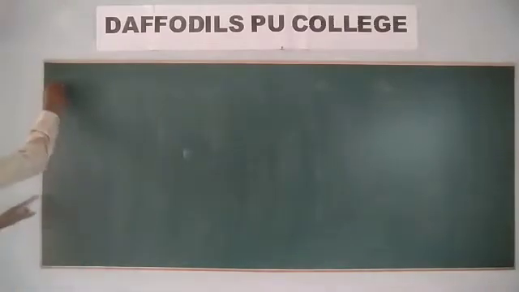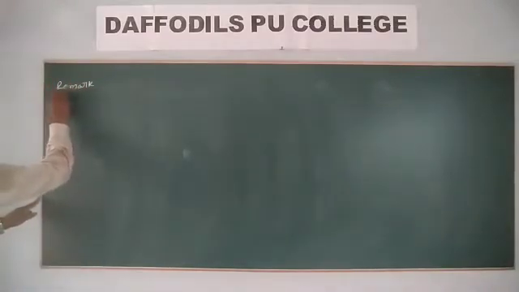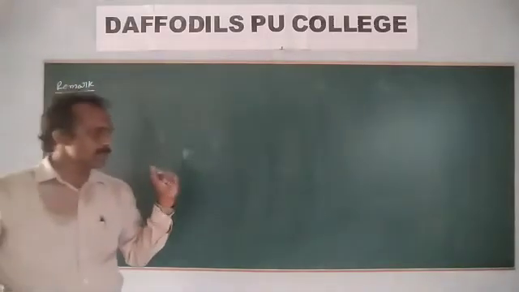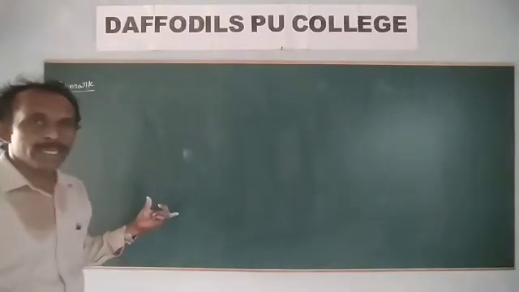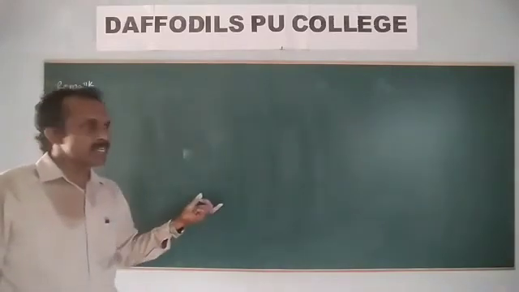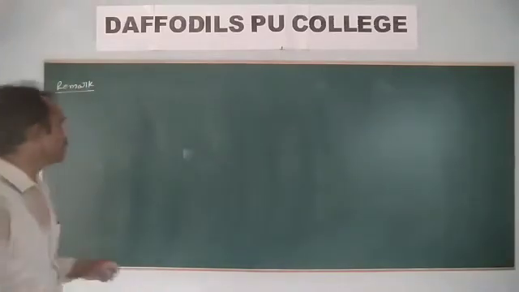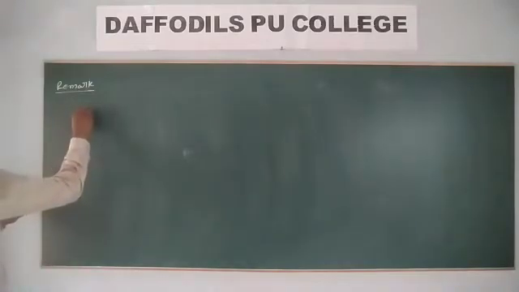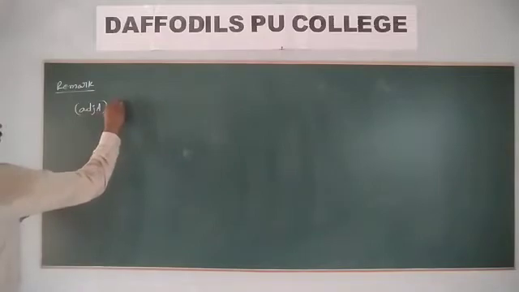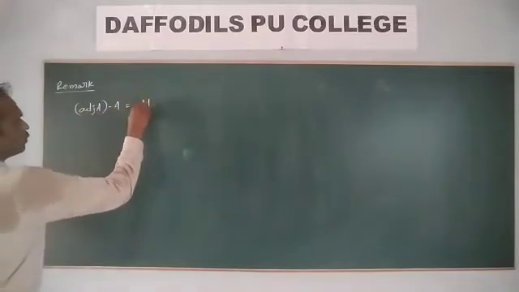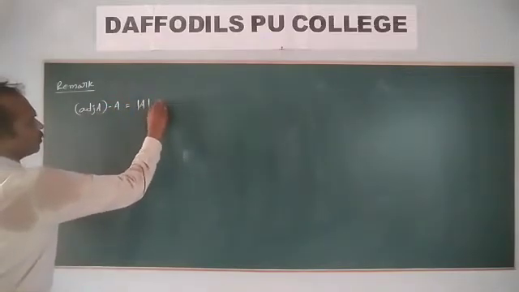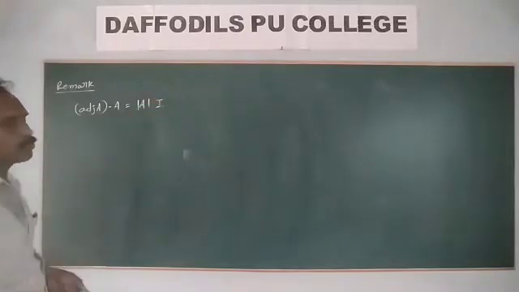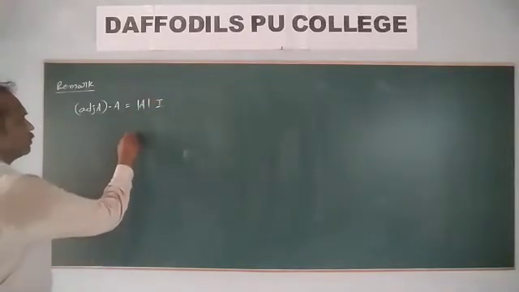Next, let's go on to the remark, nothing but a note. Already we know from this theorem, A into adjoint A is equal to adjoint A into A is equal to det A into I. Okay, that will prove.